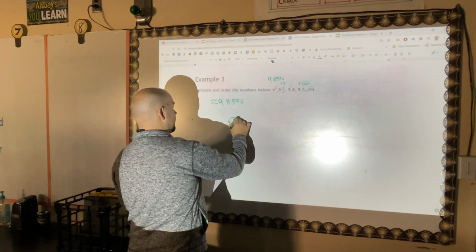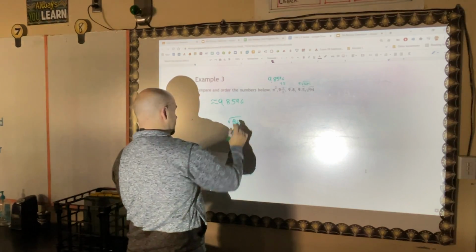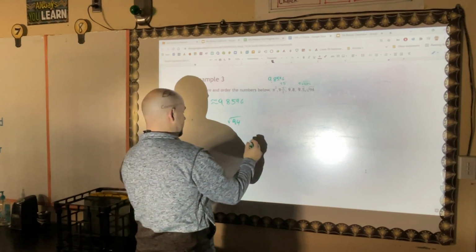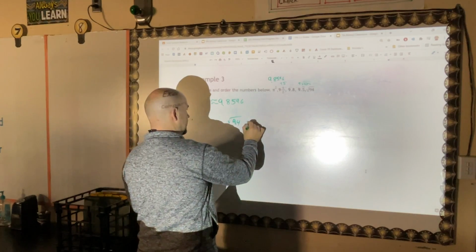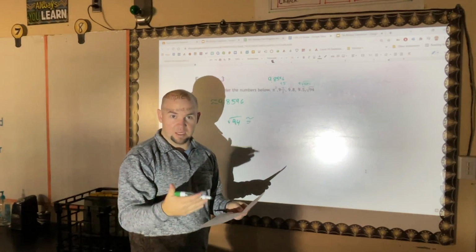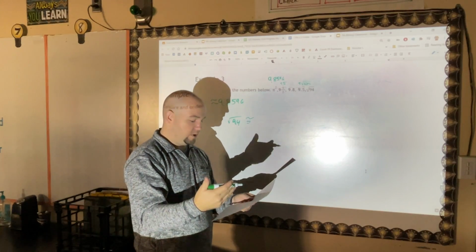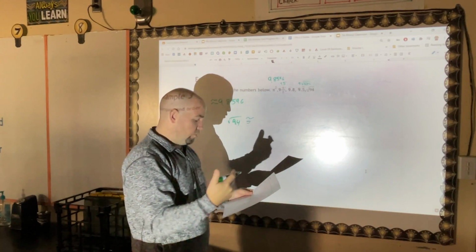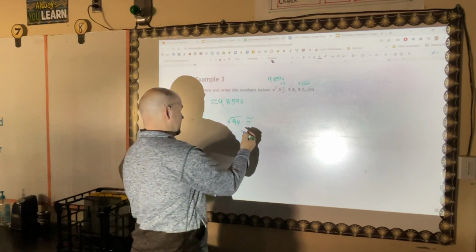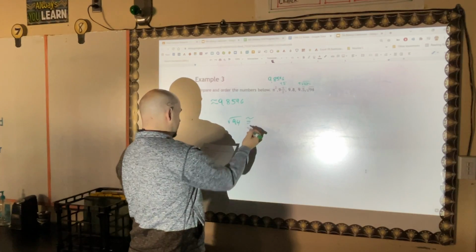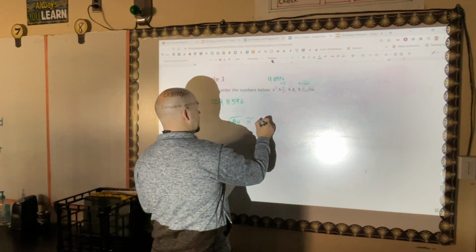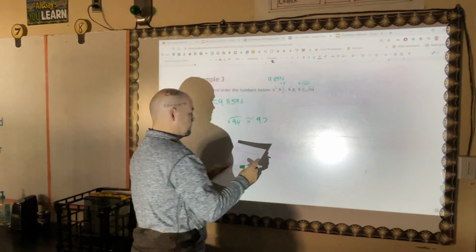Square root of 94 is approximately, by doing that same process again, by 9.5 squared, 9.6 squared, 9.7 squared, 9.8 squared, we could figure out the approximation for the square root of 94. And it is about 9.7.